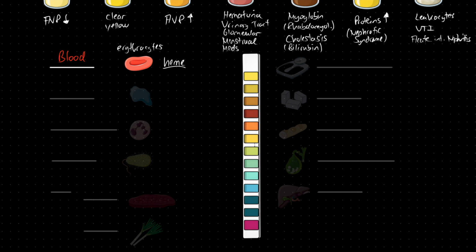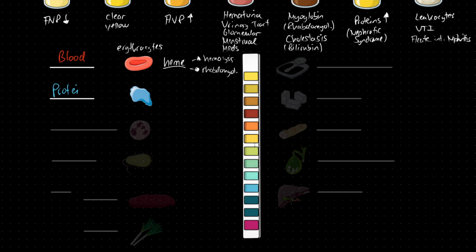This means it becomes positive when intact red blood cells containing hemoglobin are present, but also when free hemoglobin is present after hemolysis. In addition, myoglobin also contains a heme group, and that's why patients with rhabdomyolysis can have a positive blood test on the dipstick, even though there are no red blood cells in the urine.